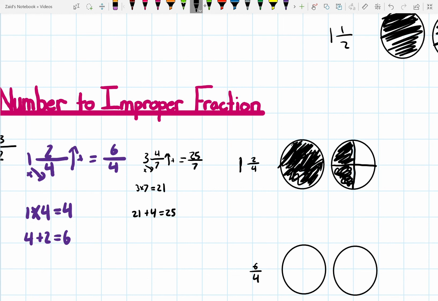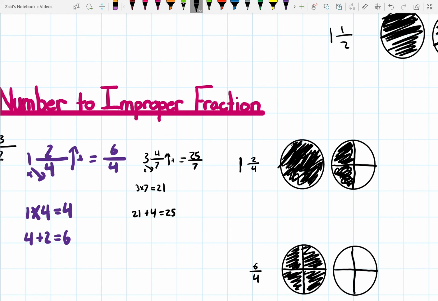And now over here in the improper fraction, it says 6/4. So let's first draw 4 parts for one of the circles and see if there's enough. So I have 4 parts now. I'll shade in 1, 2, 3, 4, and then, so it didn't work, so I'll just go on to my next one.